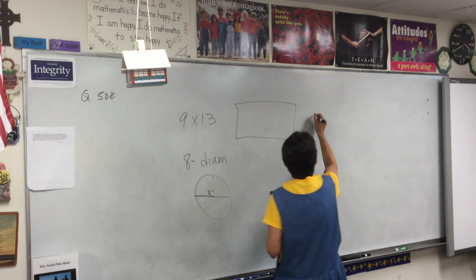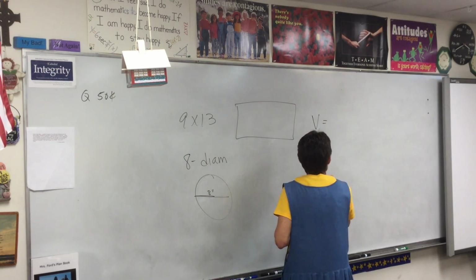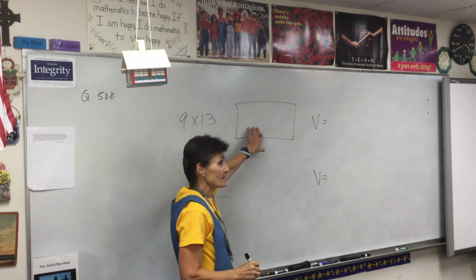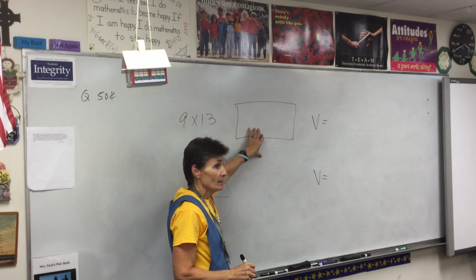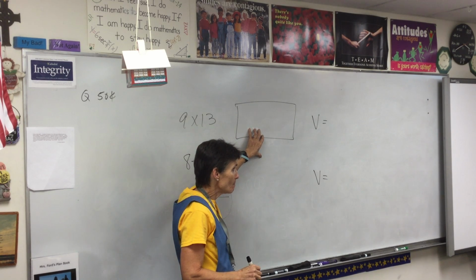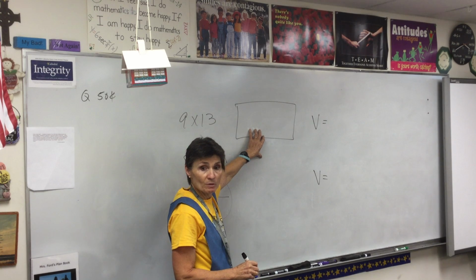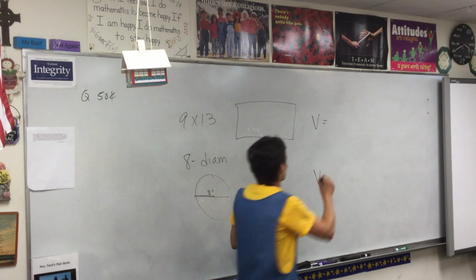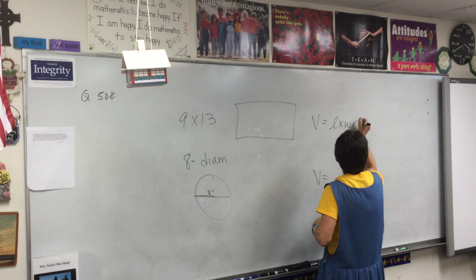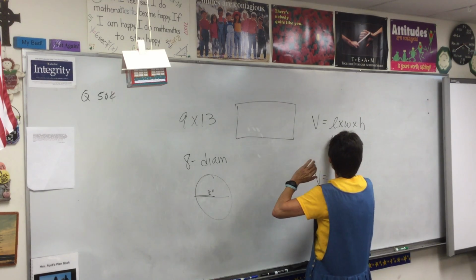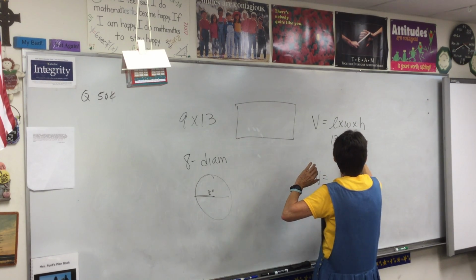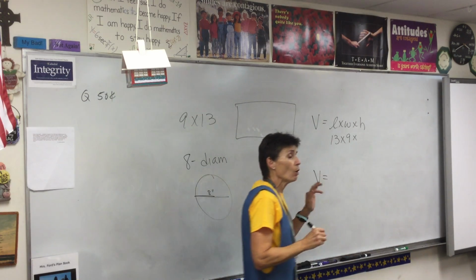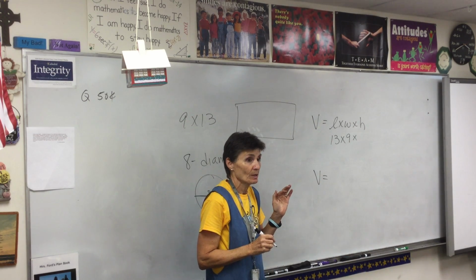So we want the volume of these two cakes. Now, this is a rectangular cake. Anybody know how to find the volume? Length times width times height. Now we know we're 13 by 9. Do we know how tall this cake is?